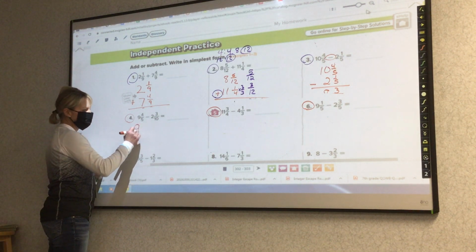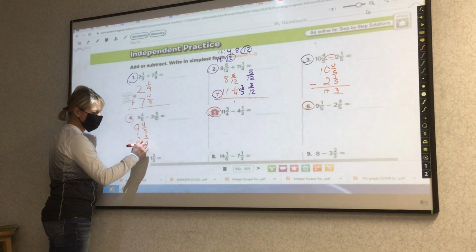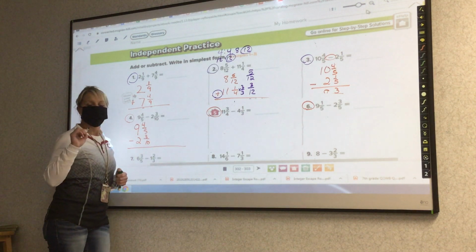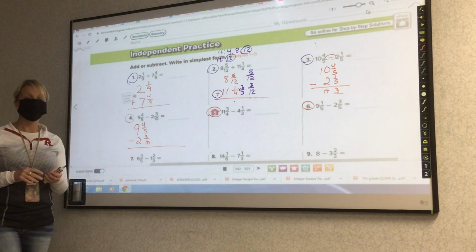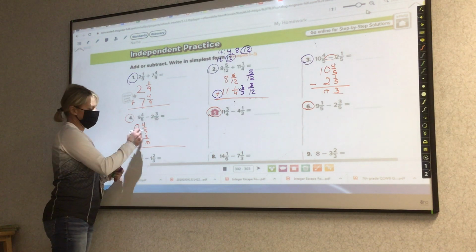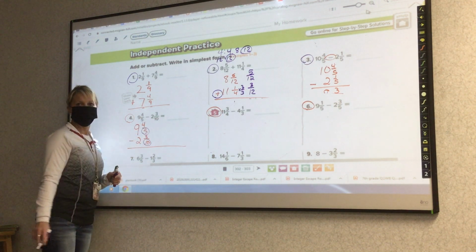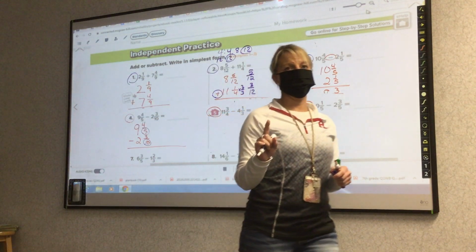So I have 9 and 4/5 minus 2 and 3/10. What should be my common denominator for number 4? If I have the numbers 5 and 10, you can use 20, but I got a lower one than that.